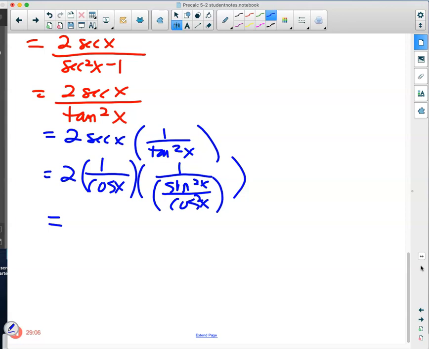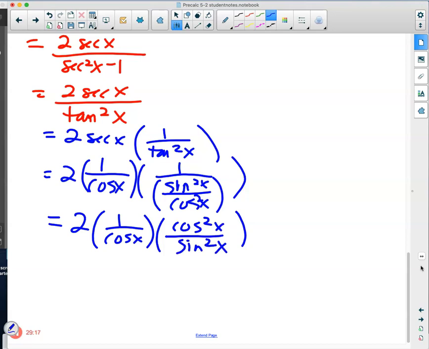And now we can multiply by the reciprocal. And we see we're going to have a cosine that'll cancel out of there. I don't want to drop that totally.